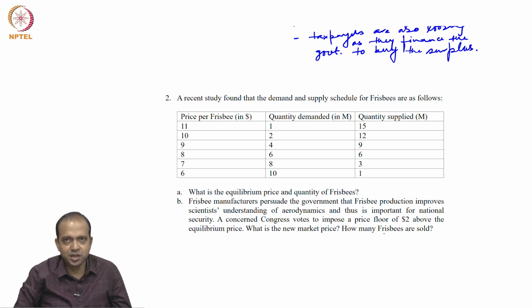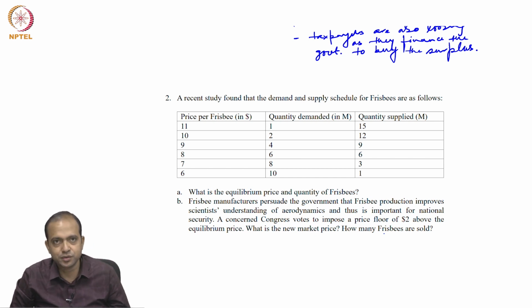Likewise, when it is 10, then demand is 2, the supply is 12. So, this is the demand schedule and supply schedule, price also is given. Now, the first question is, what is the equilibrium price and quantity of frisbees?